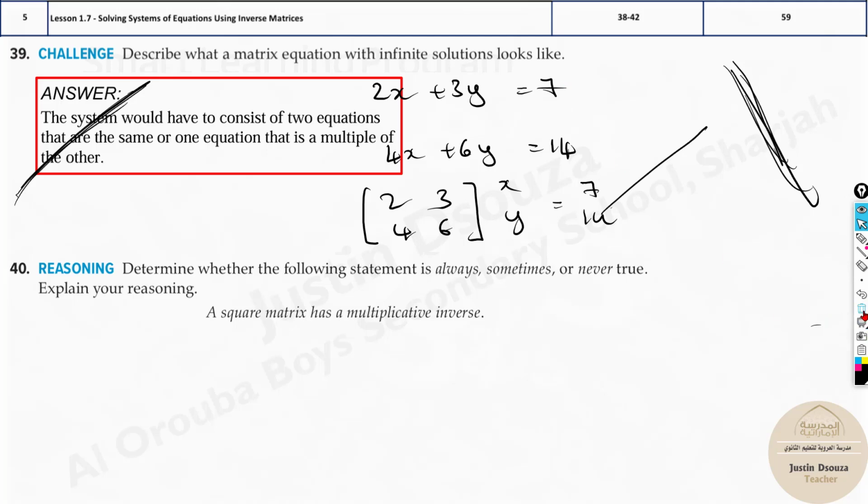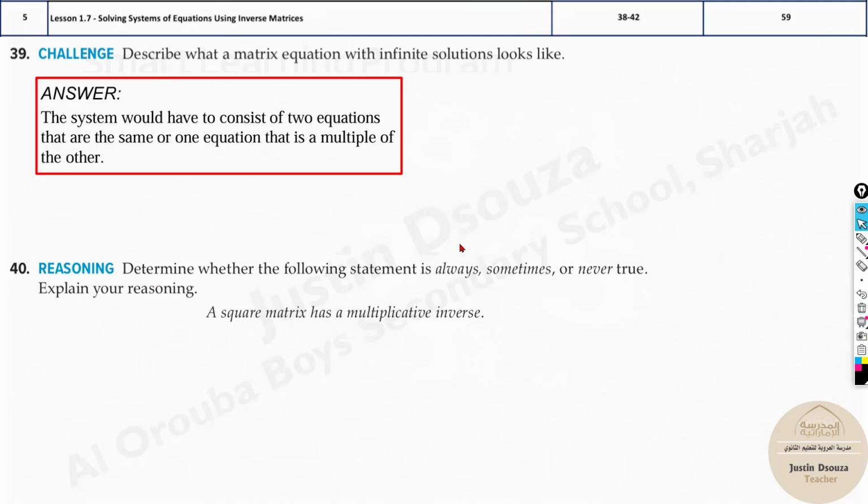So that's the answer. Determine whether the following statement is always, sometimes, or never true. Explain your reasoning. A square matrix has a multiplicative inverse. Yes, it has, and it doesn't have also, right? Now, what is an inverse matrix?